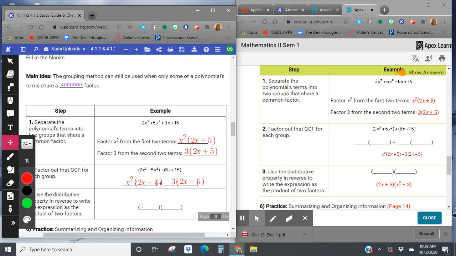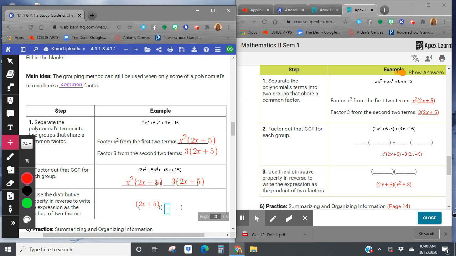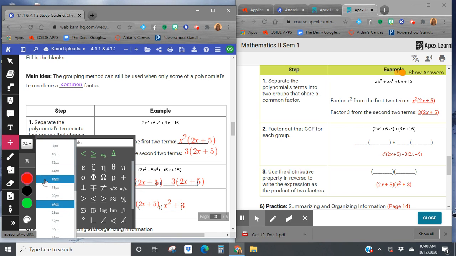So we're going to factor out this time the 2x plus 5 as our common factor. And then that leaves us x squared plus 3 in the other.